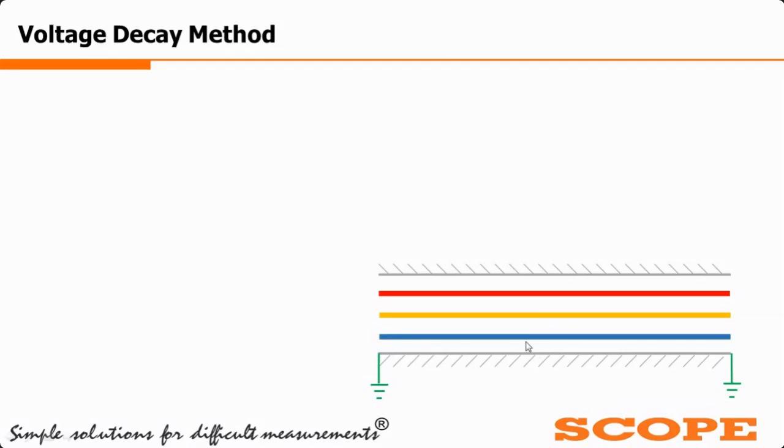This type of very high resistance fault will not break down under the application of this 32 kV surge generator, because such faults have a breakdown voltage higher than the rating of the surge generator.